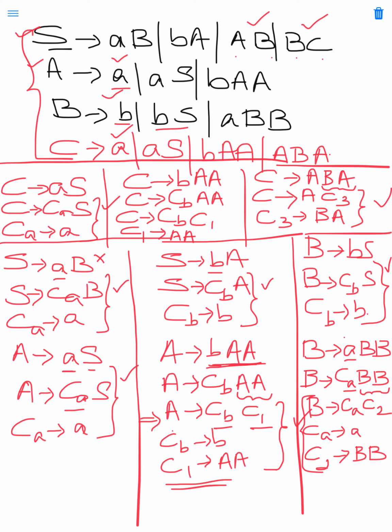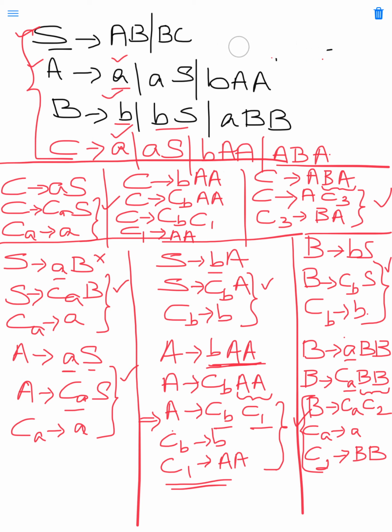So consolidating all the productions into the Chomsky normal form, you can write like this. S gives AB, BC is already there in the production. Remaining, which all things you need to write.